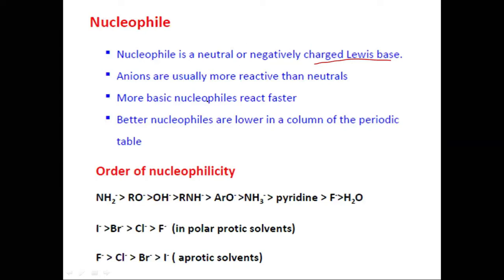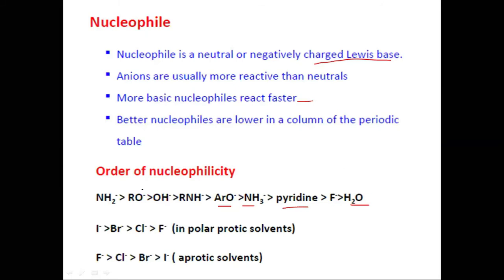The more basic the nucleophile, the faster it reacts. The more the nucleophilicity, the faster the reaction will be. Better nucleophiles are lower in the column of the periodic table. In the order of nucleophilicity, NH2 minus has the greatest tendency to be a better nucleophile, followed by RO minus, then OH minus, RNH minus, ArO minus, NH3, then pyridine, F minus, H2O.